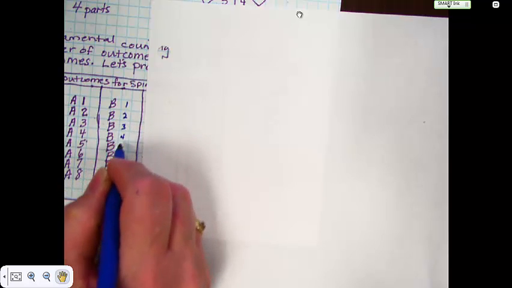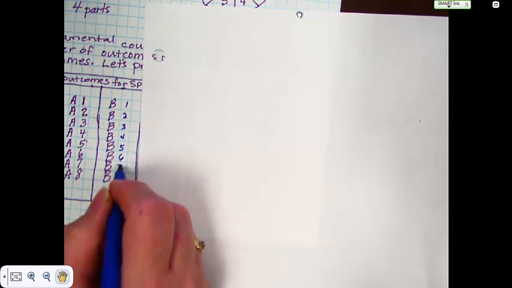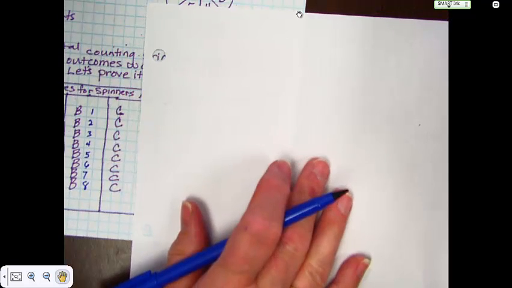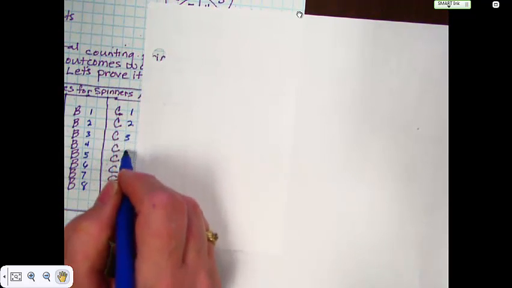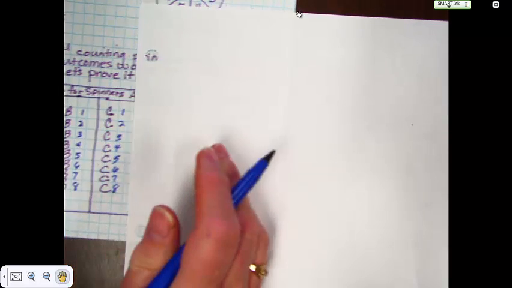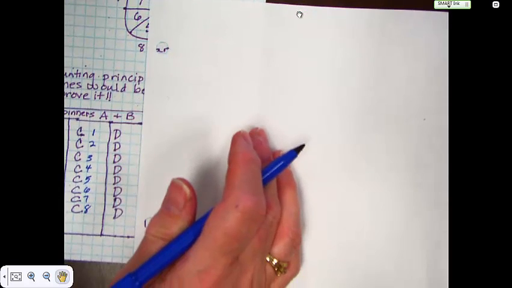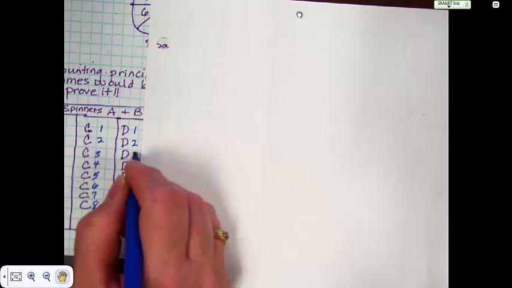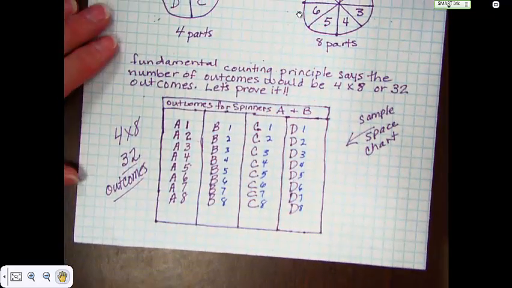B, 1 through 8. And then it could be C first, 1 through 8. Oh, yeah, and it could be D first, 1 through 8. When we get all done, here's your sample space chart.